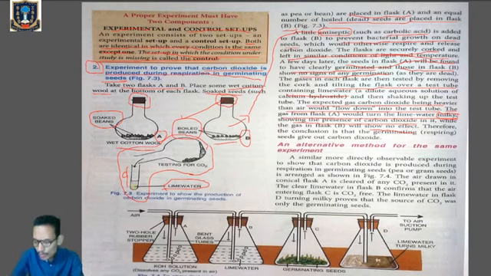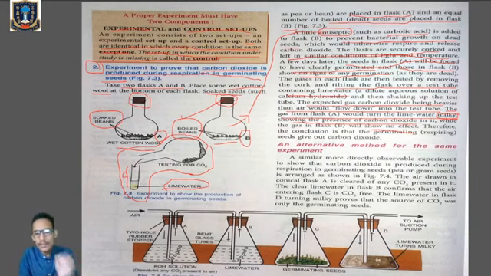But when we open the cork of flask B and put it into the test tube containing lime water, there will be no effect on the lime water. It shows that there is no carbon dioxide. So this experiment proved that carbon dioxide is produced by the germinating seeds during respiration.